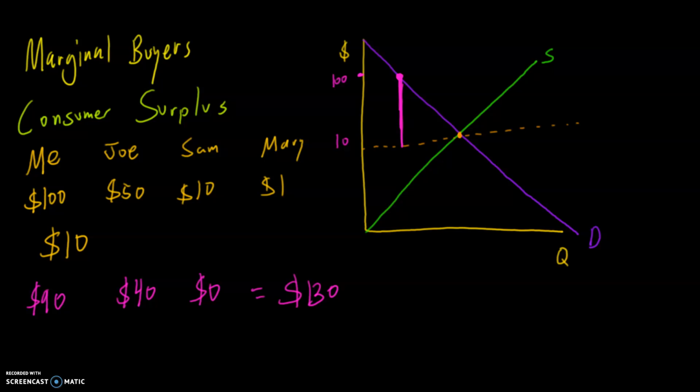This is, let's say, Joe. He has $50. This is his line. Sam is right here. And then Mary is down here. You notice how these lines, if there's another person here and another person here, start to add up to this entire area right here. And this area is called the consumer surplus. It's the area below the demand curve, but above the equilibrium price.